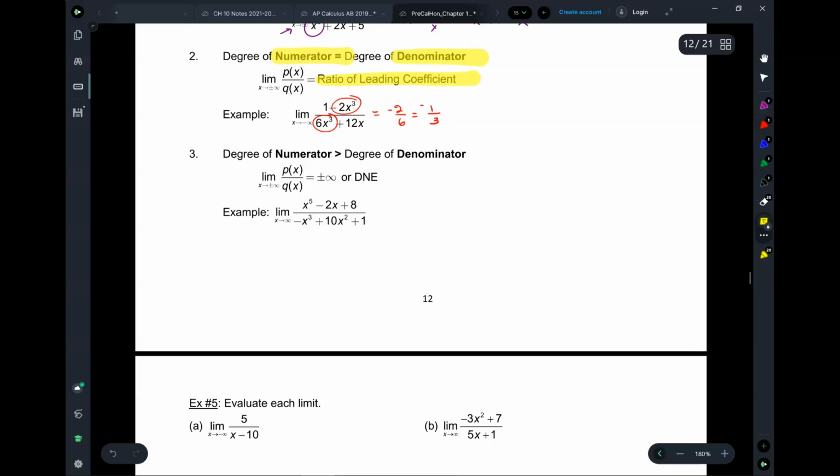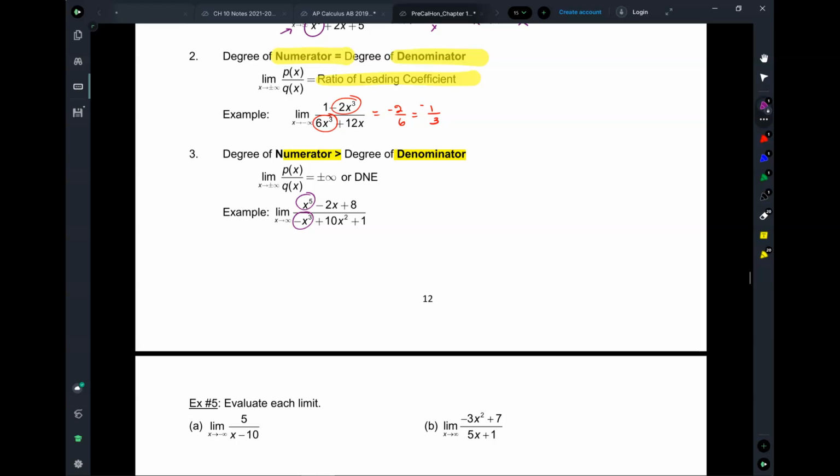This is where it's different from the horizontal asymptote. If the numerator has a higher degree than the denominator, for the horizontal asymptote we would just say no horizontal asymptote, remember? But here, what happens? If it's x to the 5 over negative x cubed, this will reduce to negative x squared, right?